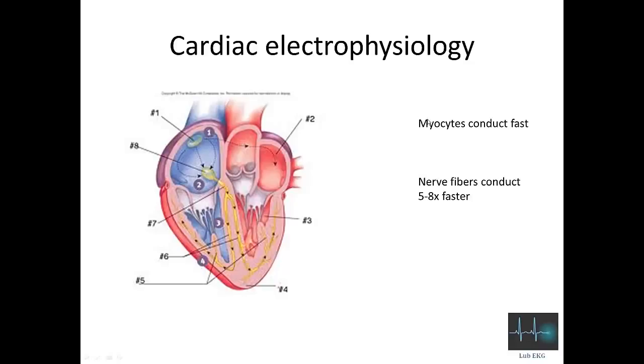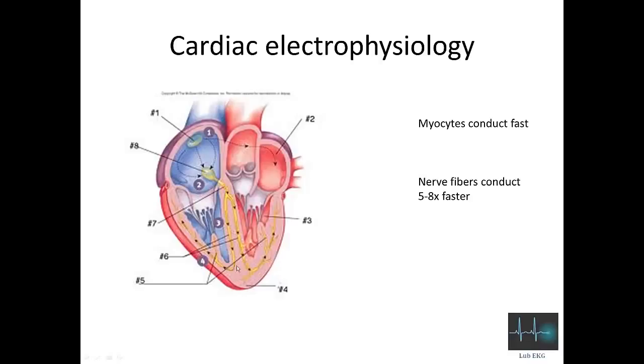And as you can see here, myocytes conduct fast. That means the muscle cells of the heart. The nerve fibers conduct 5 to 8 times faster, meaning that the nerve fibers of the heart are sort of like a highway for the electrical signal.